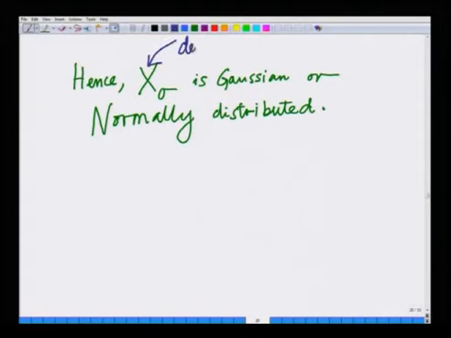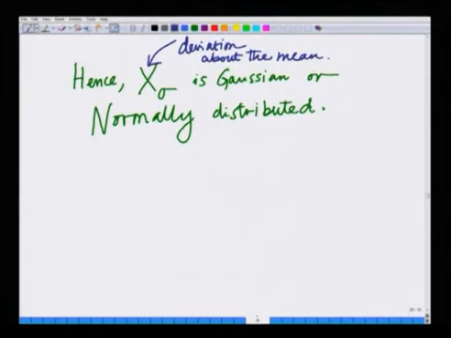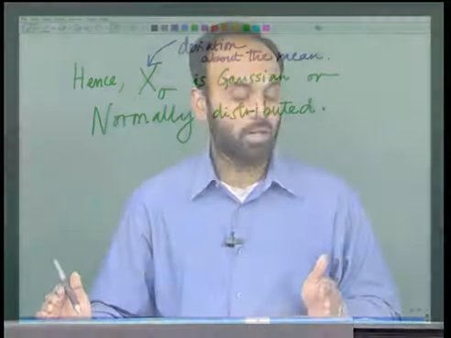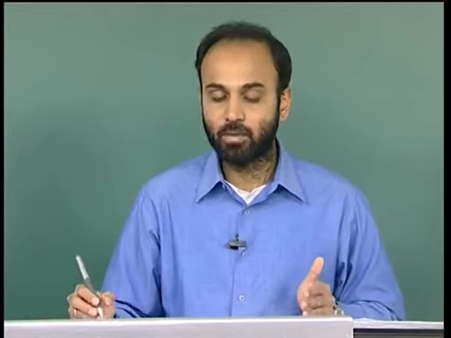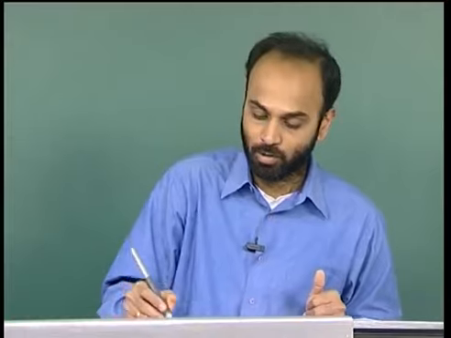X sigma is nothing but the deviation about the mean. However, remember x sigma is in dB, hence x sigma is nothing but log 10 of received power, which is related logarithmically to the received power.